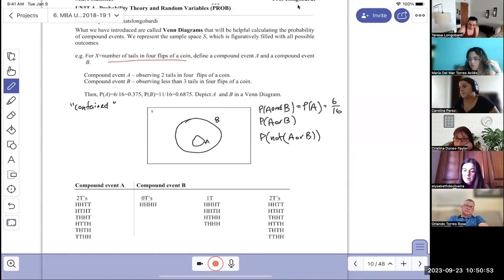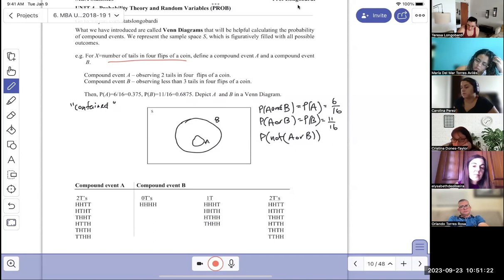In terms of A or B, either here or here, all the possibilities are basically captured in B. So that's going to be B, which is 11/16, or the decimal 0.6875, or 68.75%.